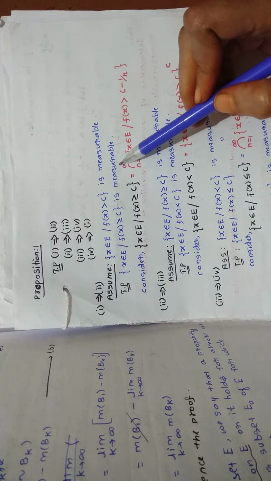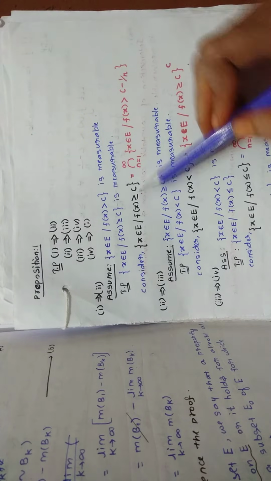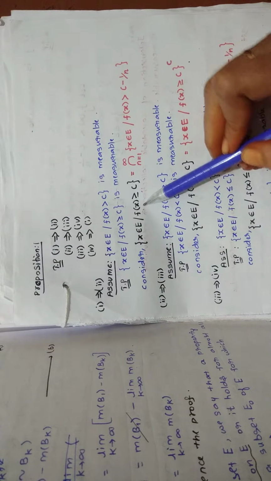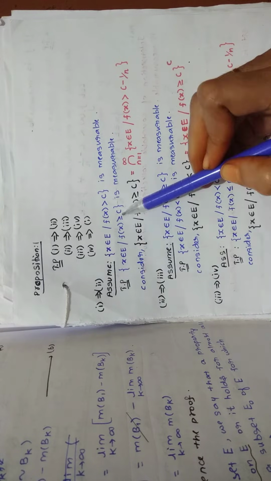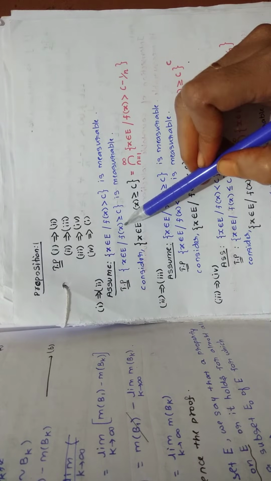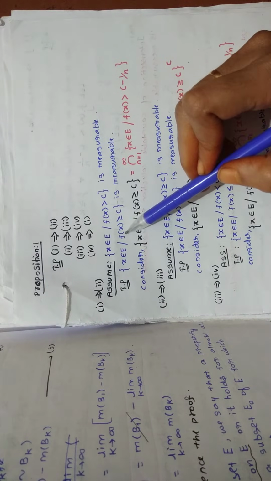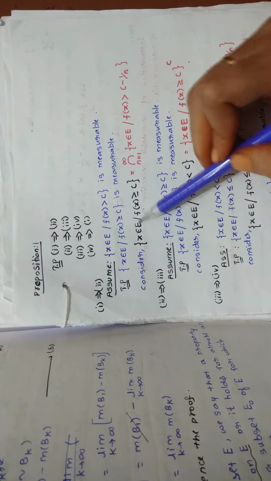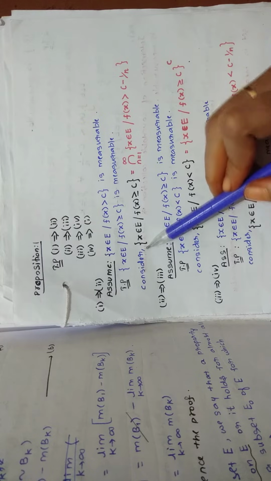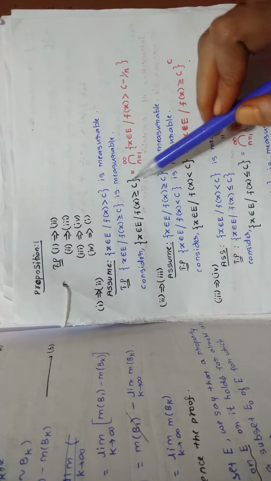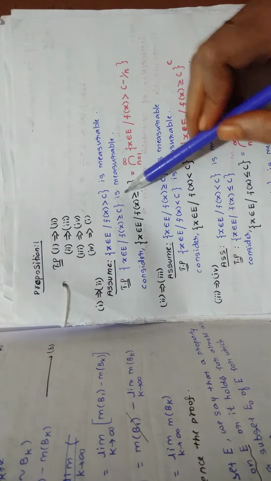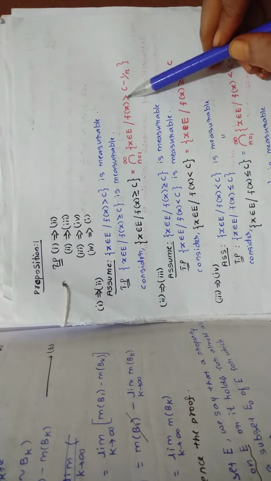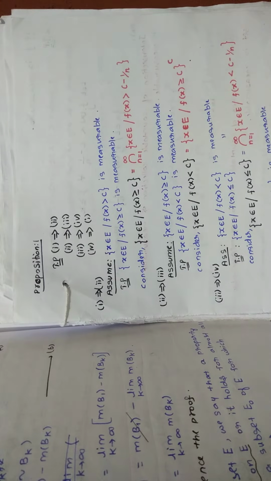To prove this, you first consider the set that is given in the to-prove. Just copy it down, write consider, and write this is equal to this. This can be written like this, and this and this give you the same meaning.